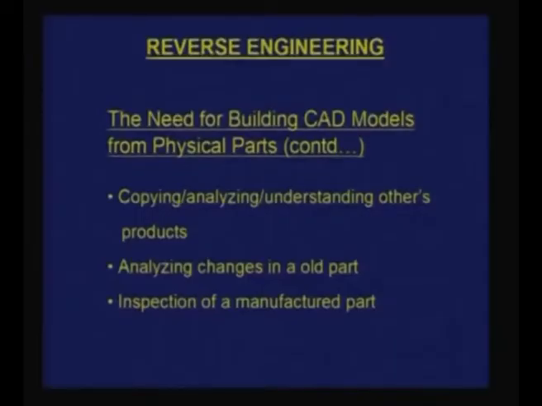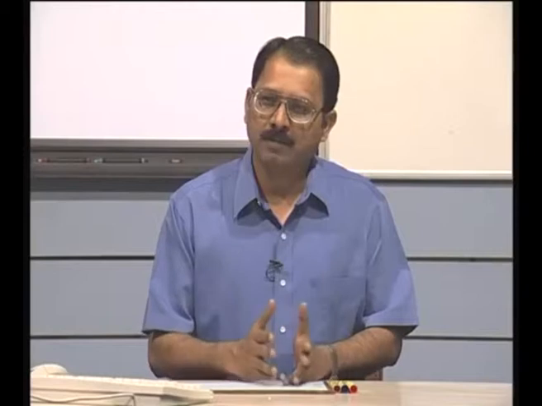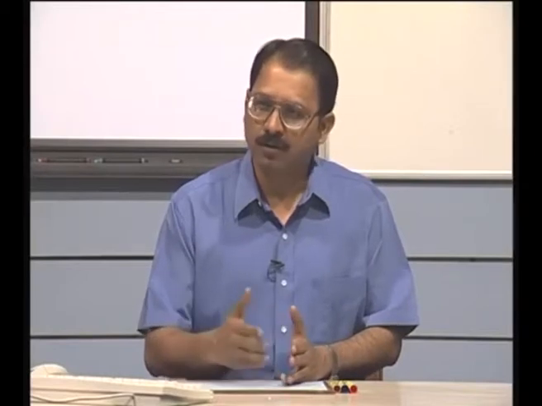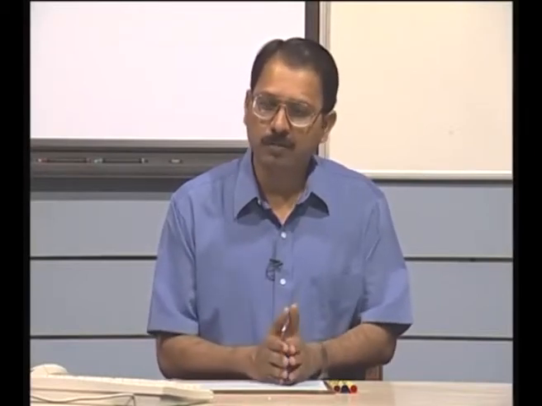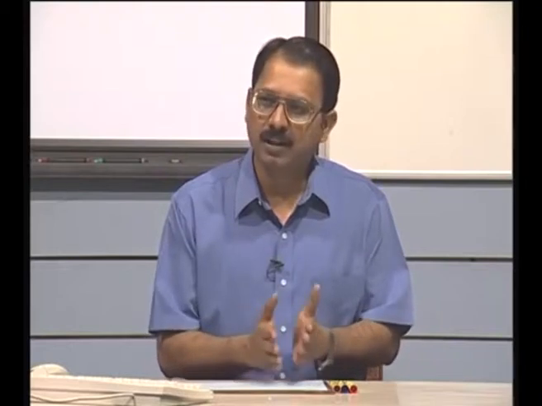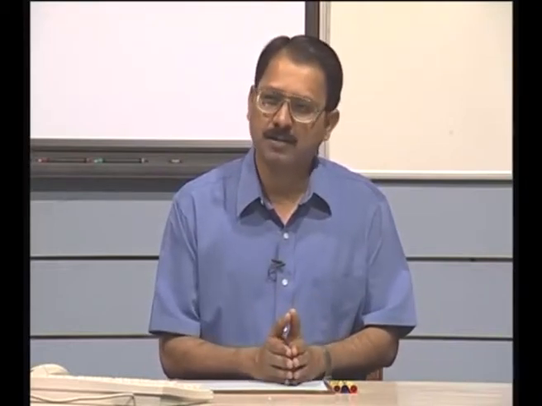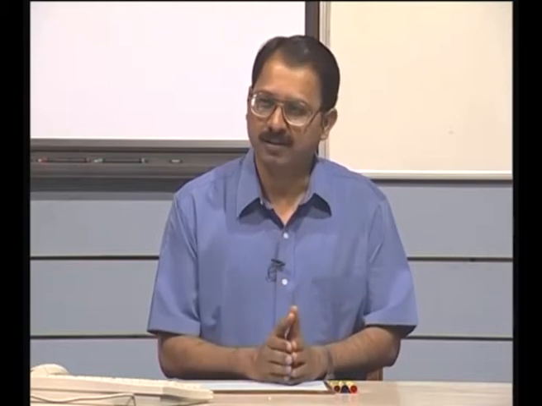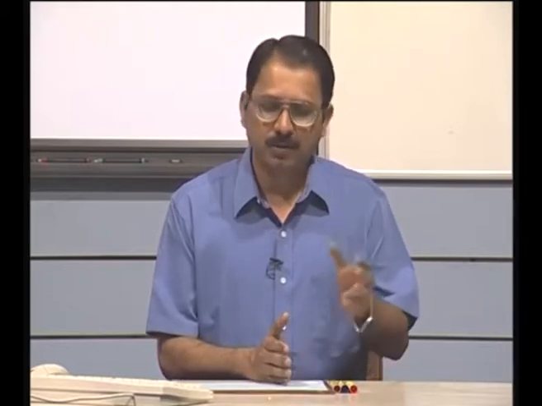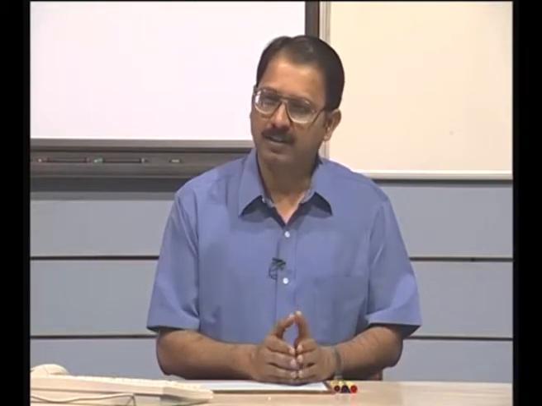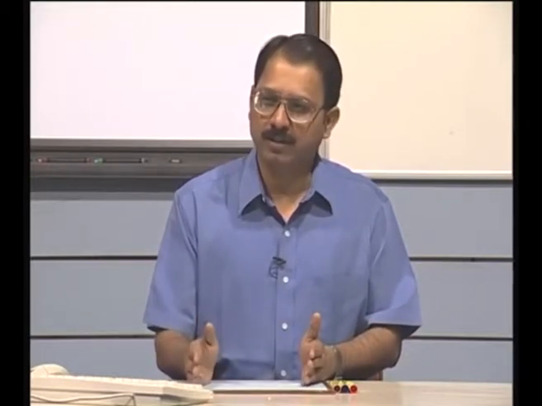Then analyzing changes in the old part. Suppose I have a part which has worn out a little bit, but I would like to know whether the wear and tear which has taken place in the part is considerable. You have a design model for that particular part. Then this has been manufactured and in use for quite some time.